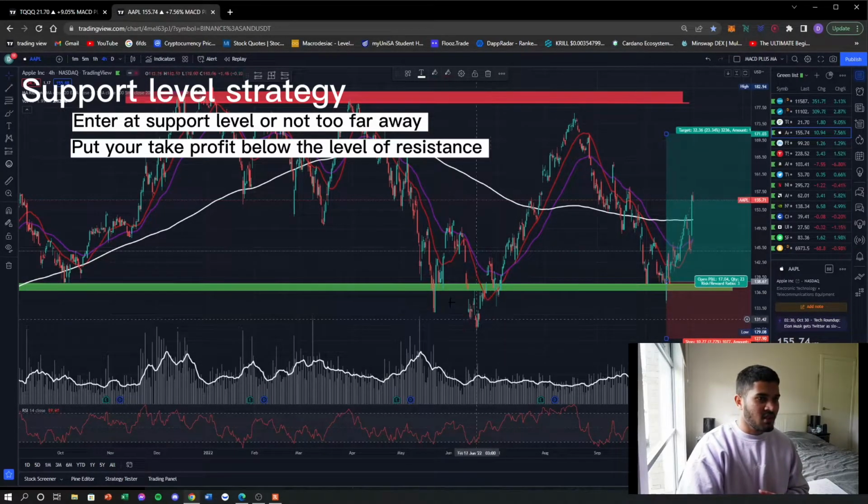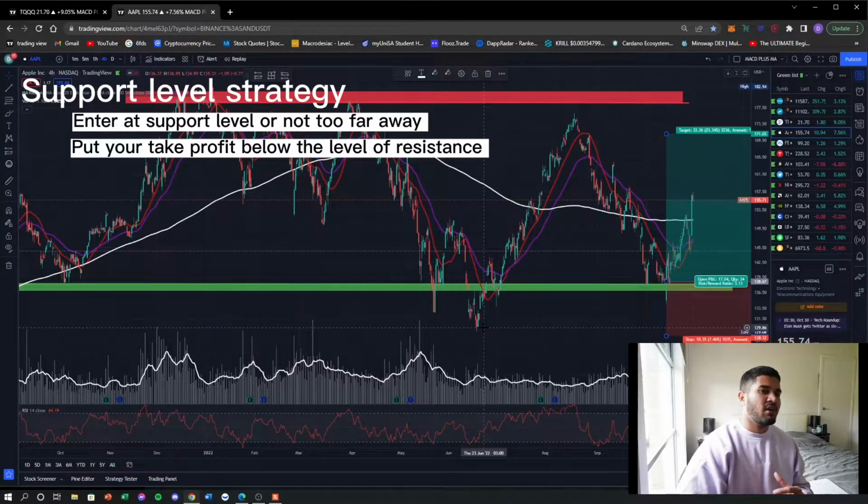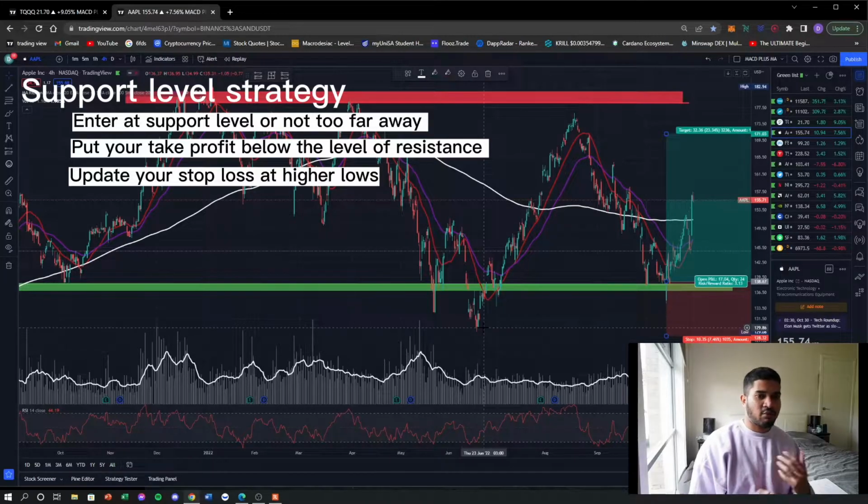We can clearly see that this is below our level of support. What I would initially do is put it below this because that is where we put in our last lower low. And then once we trade, I would update my stop loss and I would trade with a position size which is only risking a very small dollar amount of my portfolio.